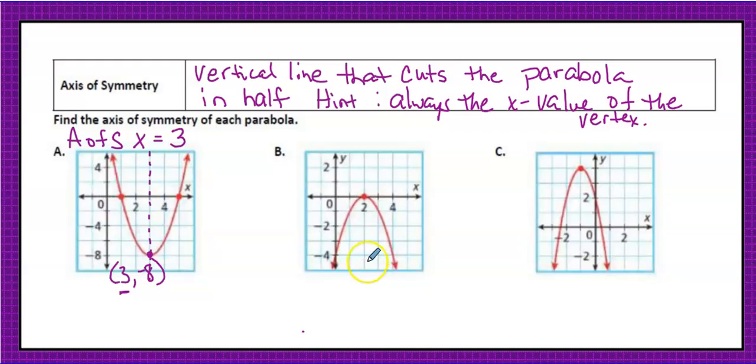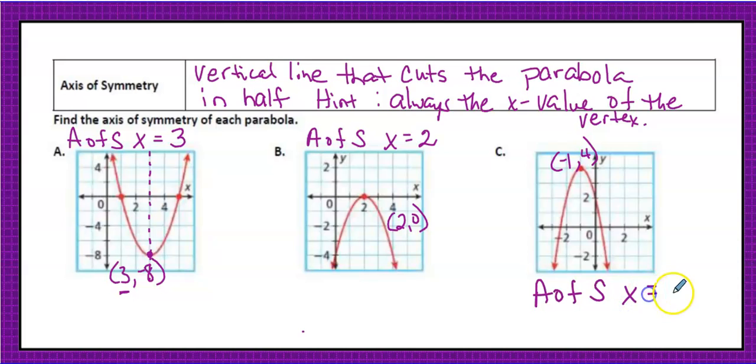Okay, part B, the vertex is at (2, 0), and the axis of symmetry is x equals 2. Right here, the vertex is at (-1, 4), and the axis of symmetry is x equals -1.